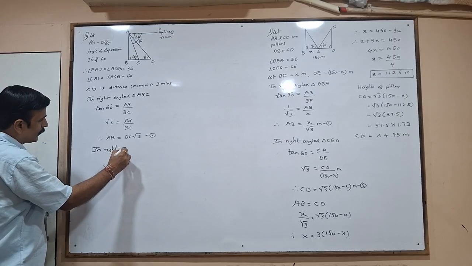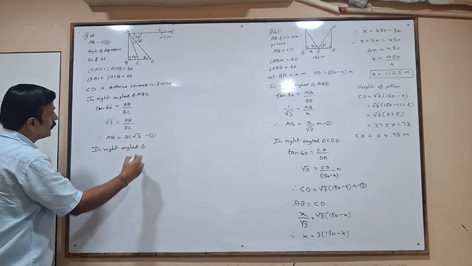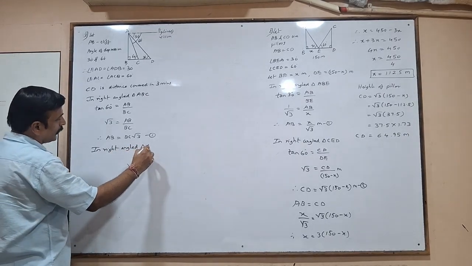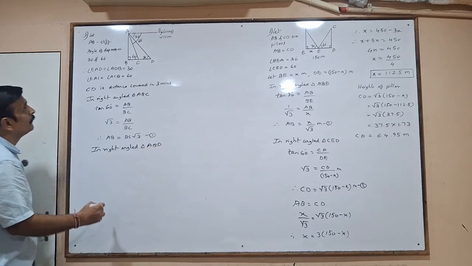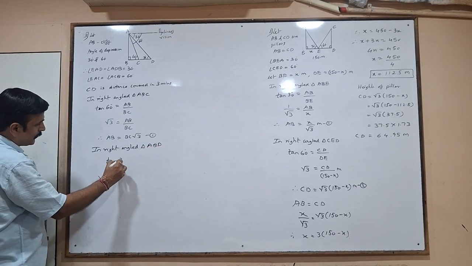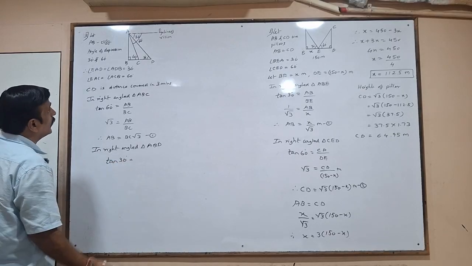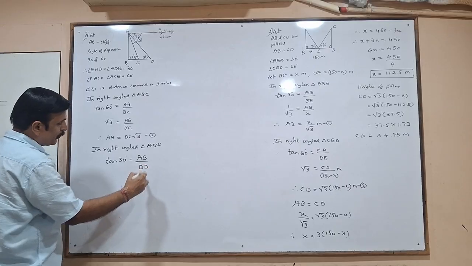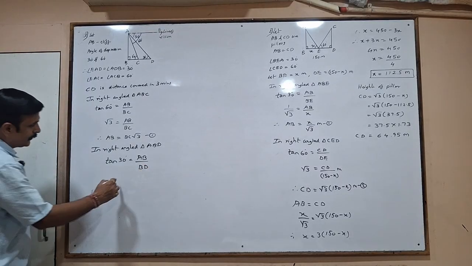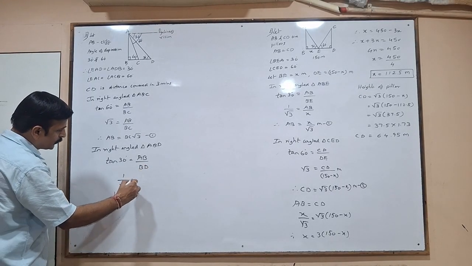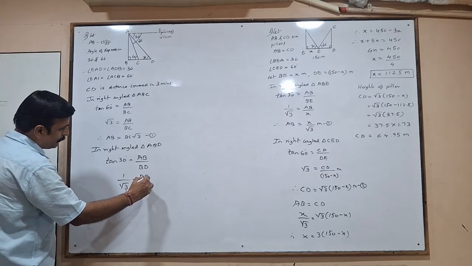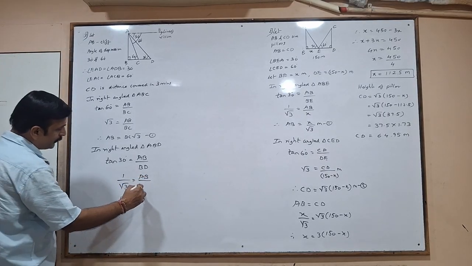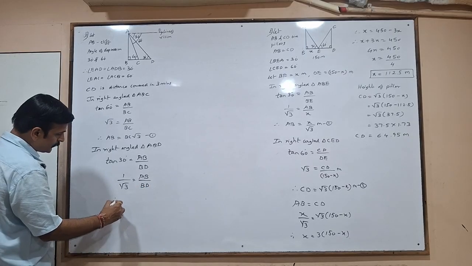In right angle triangle ABD, tan 30 will be AB upon BD. Tan 30 is 1 by root 3. Again AB as it is, BD also as it is.